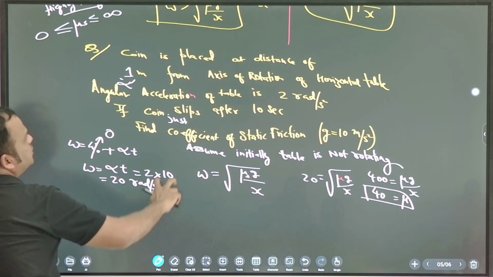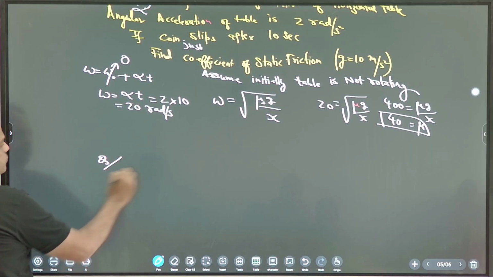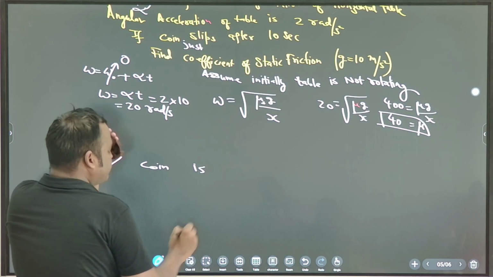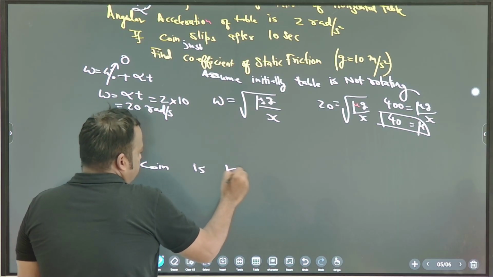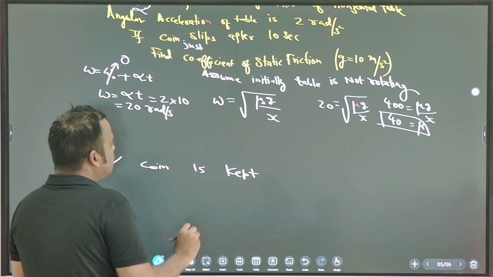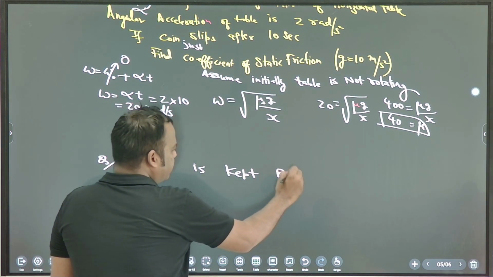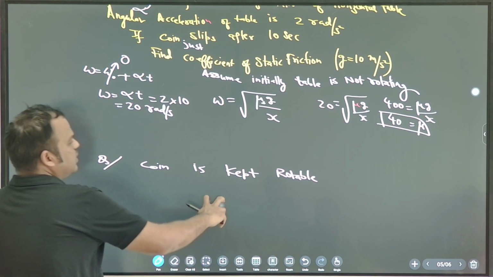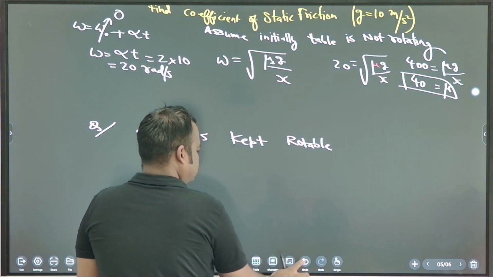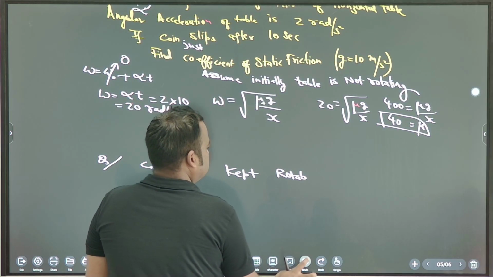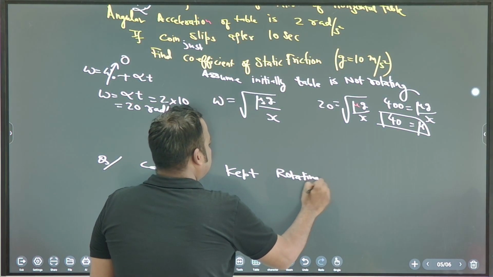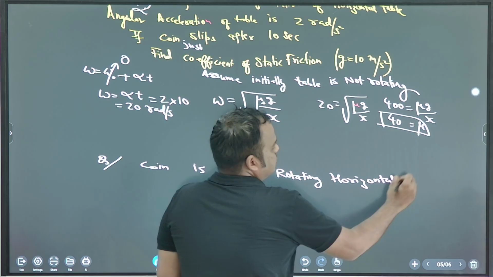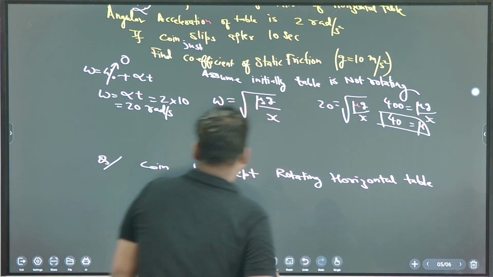So one more question you can write. A coin is kept on a rotating horizontal table.